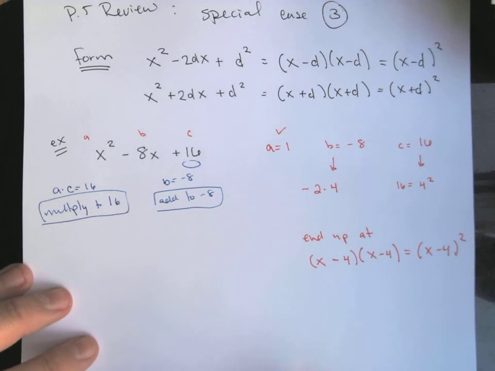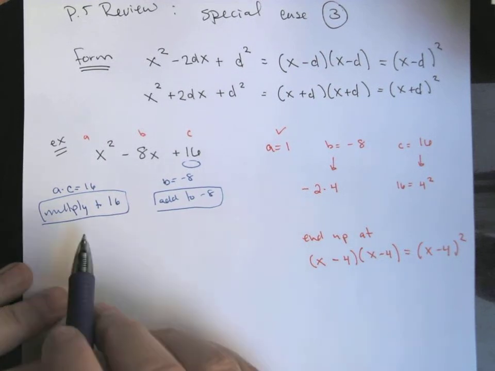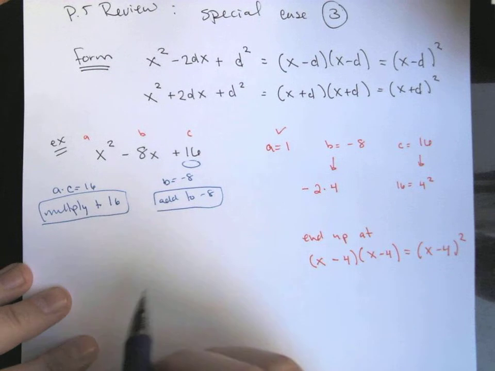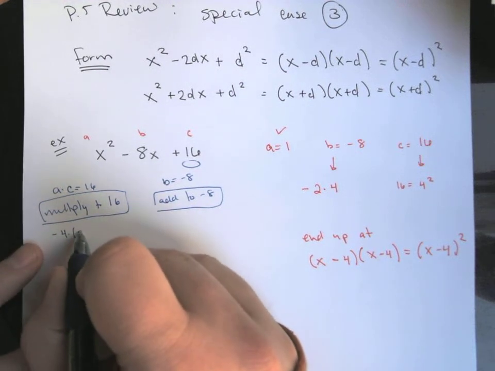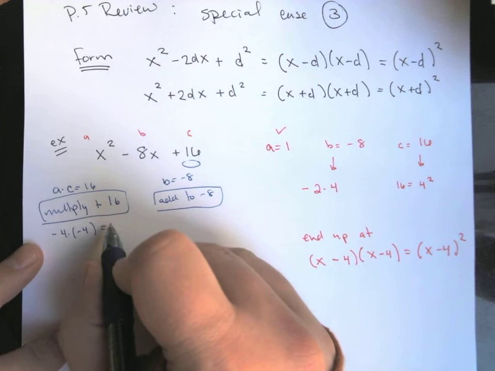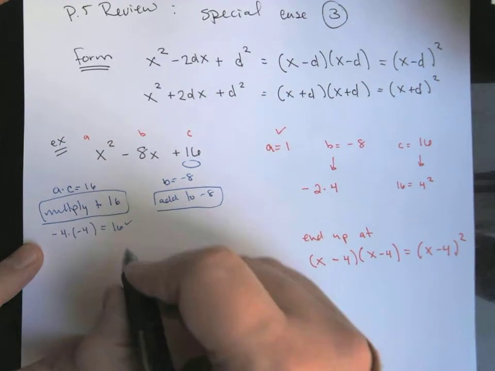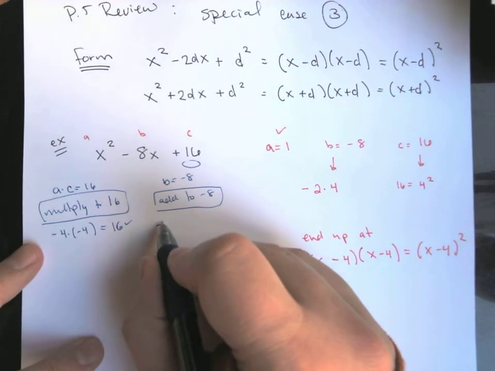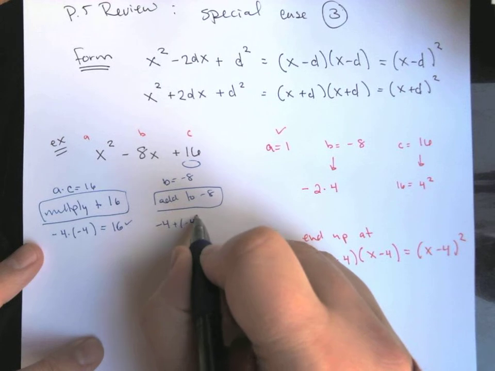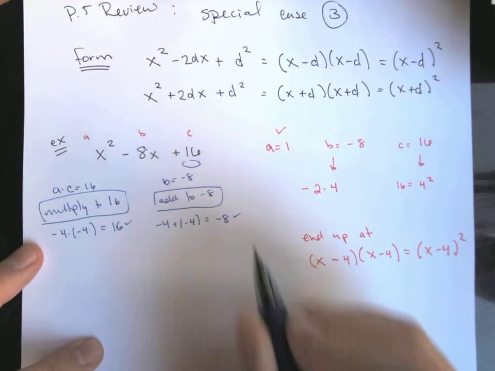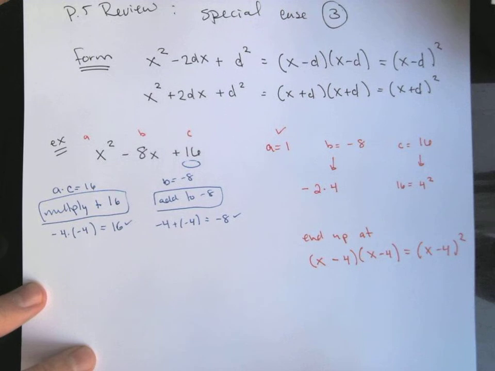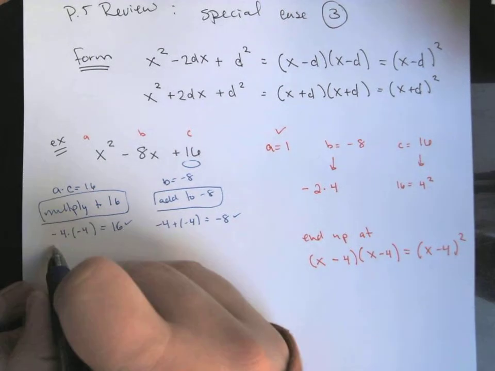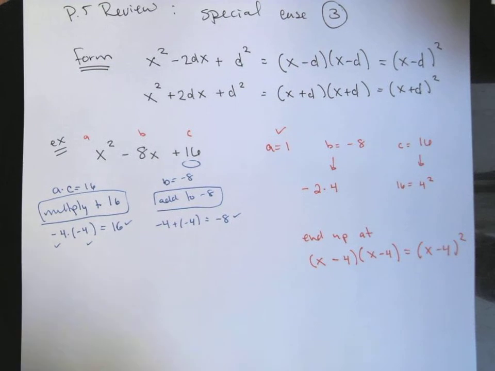To a certain extent, we know 4 times 4 is going to be 16. 4 plus 4 is 8. We just have to get the signs working for us. So negative and negative is going to multiply to positive 16. If I add negative 4 to another negative 4, I'm going to get a bigger negative, negative 8. So negative 4 times negative 4 is 16. Negative 4 plus negative 4 is negative 8. So my pair is negative 4 and negative 4.